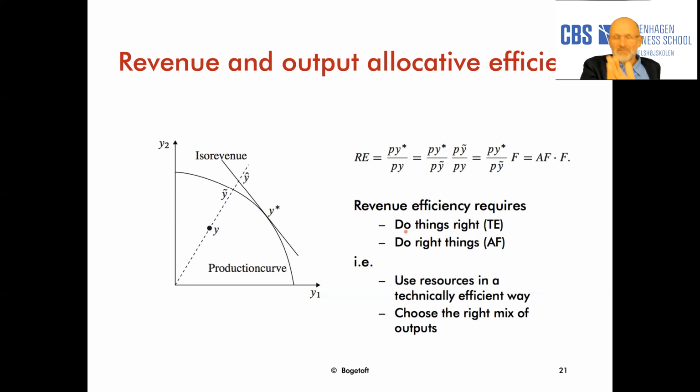You have to choose the right mix of products to produce. You need to run fast and you need to run in the right direction. So again, it also means that you have to use your resources in a technically efficient way, and you have to choose the right mix of outputs so that it really matches the prices on the market. So that's revenue and output allocative efficiency.